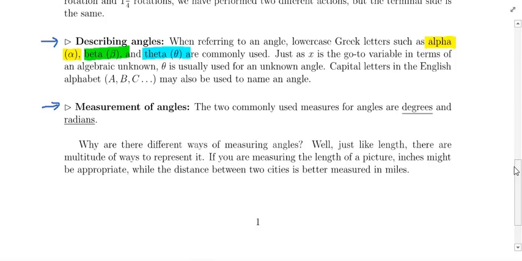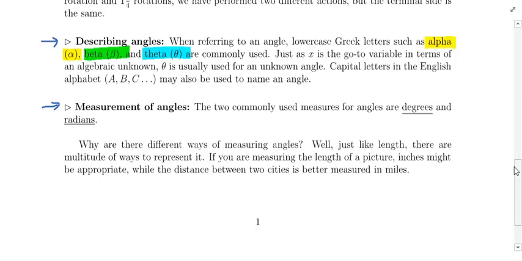In this section, section 2.1, we're going to start by reviewing degree measurement, and then we're going to start discussing radians. You're going to learn what a radian is, how you measure angles in radians, and then we're going to talk about how to convert between the two measurements. Think about length: miles and feet. You might have to make a conversion.